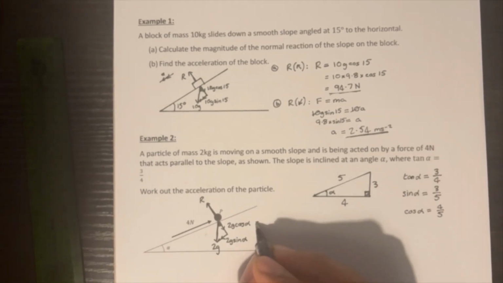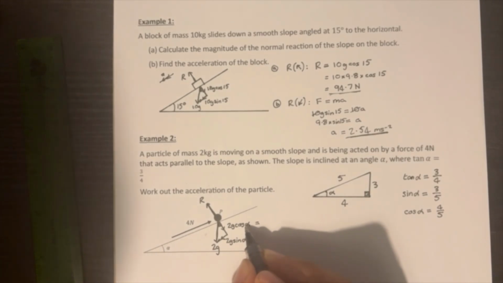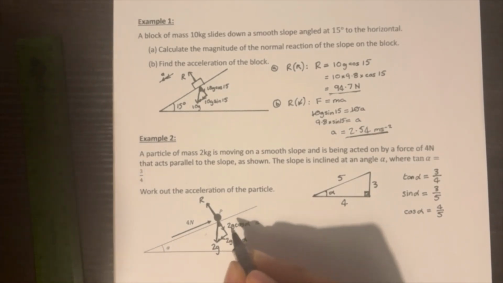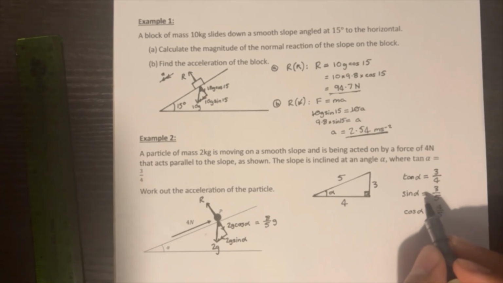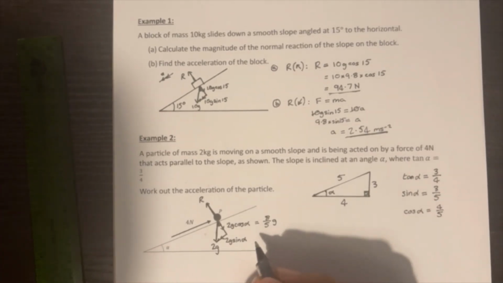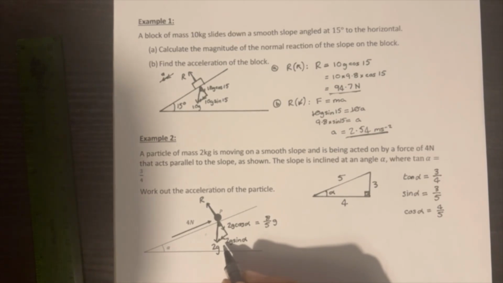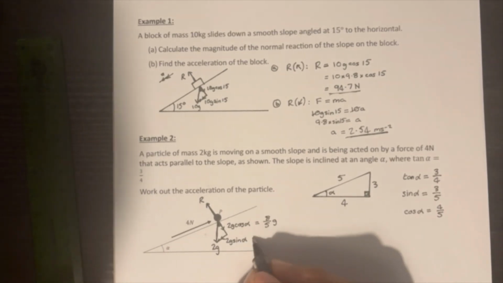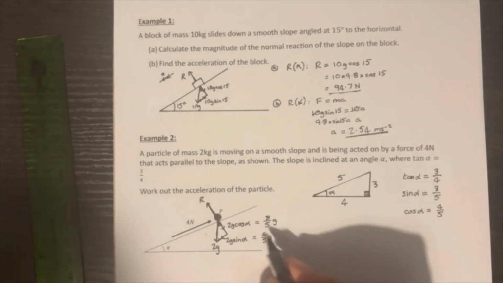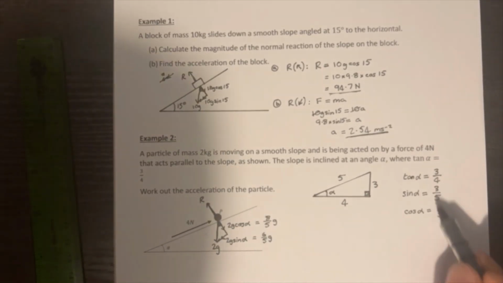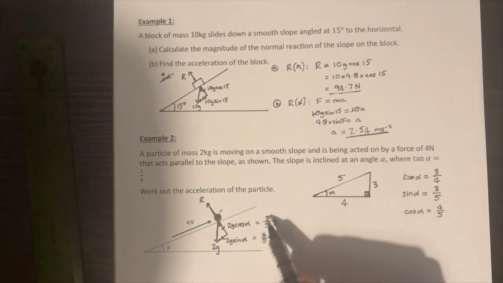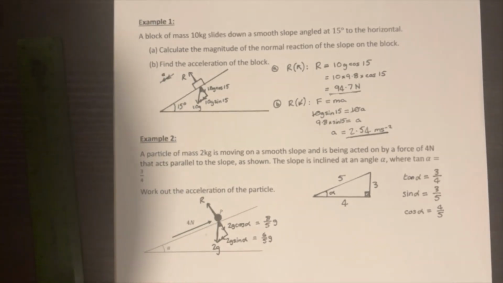So 2g cos alpha is 2 lots of 4/5, or 8/5, times g. So I can write that as 8/5 g. In the same way, we said sine alpha was 3/5. So 3/5 times 2 is going to be 6/5. So that is going to be 6/5 lots of g. And suddenly our equations aren't going to need to involve us using sine and cos, because we've got the simplified versions of them there.